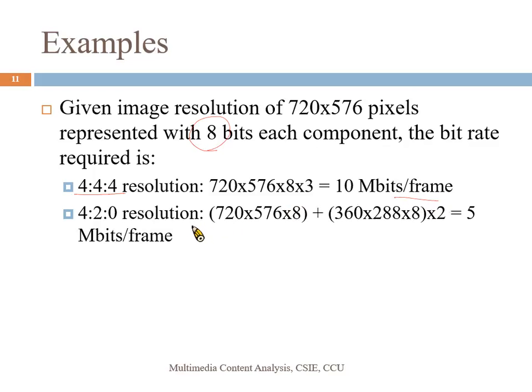But if we do chroma subsampling, the size would be 5 megabits per frame, so almost half of the original one.